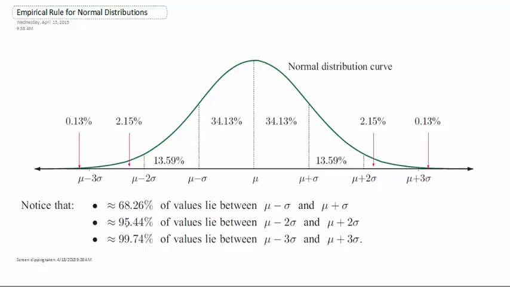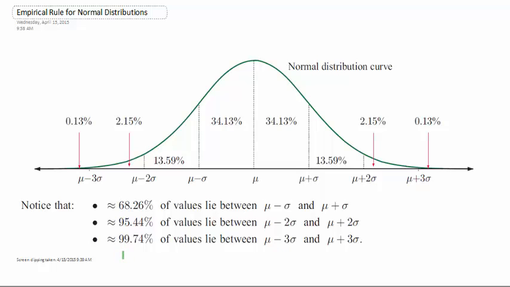Approximately 95% of all the data lies within 2 standard deviations of the mean. So from there to there, this represents 95% of all the data in the distribution. And if we go out 3 standard deviations away from the mean, now we're talking darn near 100%.